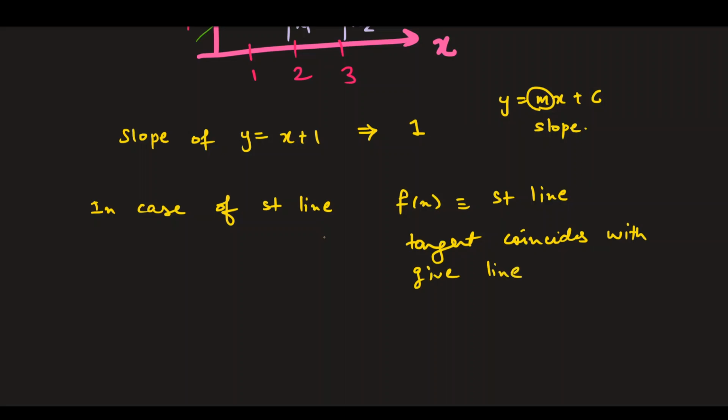If there is a straight line, then that straight line is also the tangent, because there is only one point of contact. You can also say that there are infinitely many, but we say they are intersecting only once.